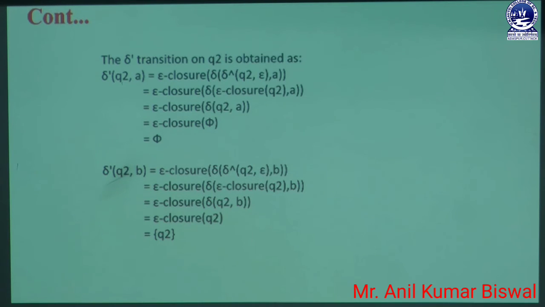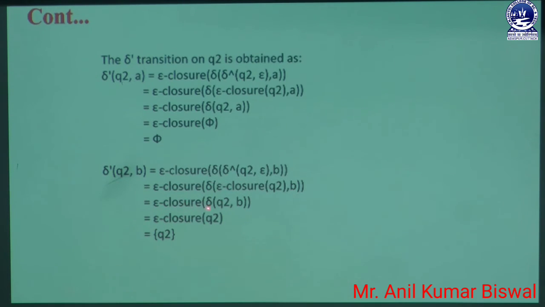Similarly, that Q2 must accept an input symbol, B. Whenever we need to make a transition from Q2 and Q2 accepts the input symbol B, we calculate its epsilon closure.